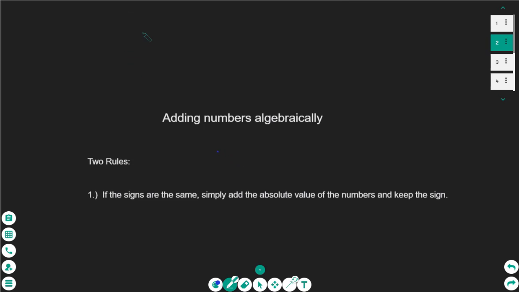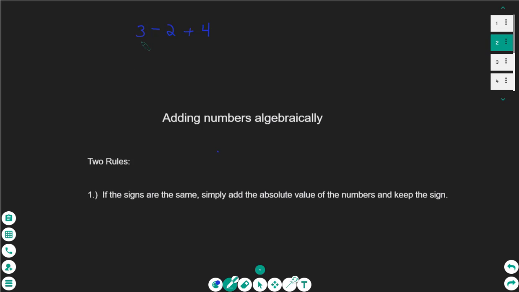Recall that yesterday we were looking at how to add numbers given their signs. So if I had something like 3 minus 2 plus 4, and I'm trying to add this all up, we said yesterday that one way to do it is to break this down into the individual numbers with their corresponding signs.